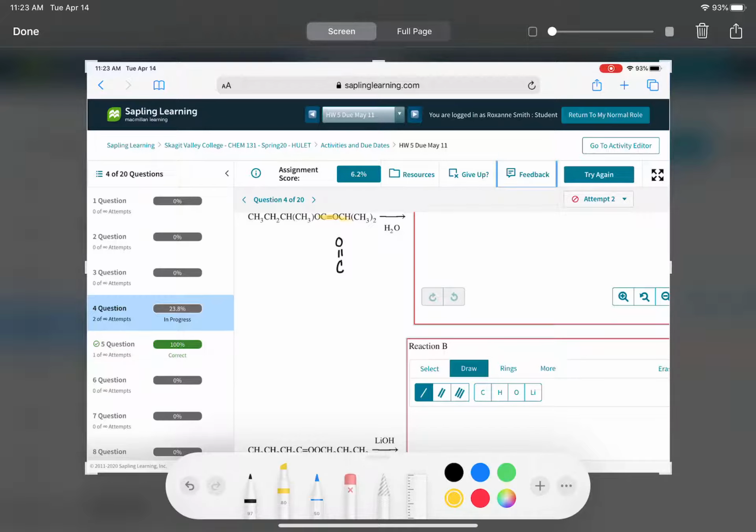So CH and then two CH3s, CH, CH3, CH3, and now I'm going to go to the left. There's an oxygen. Ooh, this is a beauty. CH with a CH3, so a CH with a CH3, CH2, CH3. So there's that one.